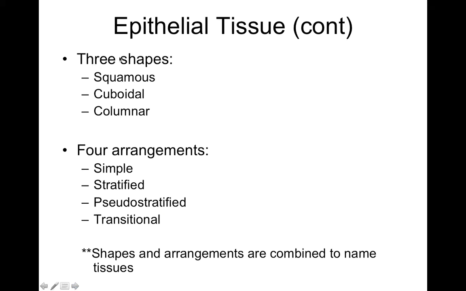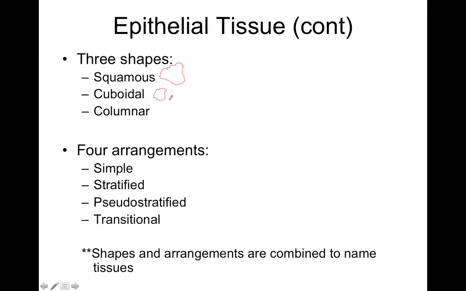All right, there are three shapes to epithelial tissue and four arrangements. And the shapes are squamous, cuboidal, and columnar. Squamous cells are like flattened cells. They're irregularly shaped, just kind of flattened out. Cuboidal cells are generally cube-shaped, but they're not perfect cubes.